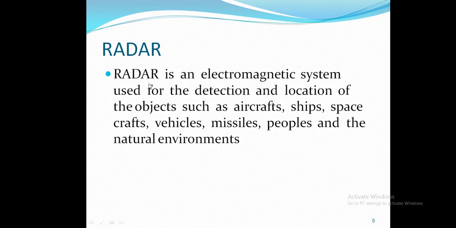Okay. So this is also one more definition. It is an electromagnetic system used for the detection and location of the objects. Those objects may be aircraft, ships, spacecraft, vehicles, missiles, people and natural environment.